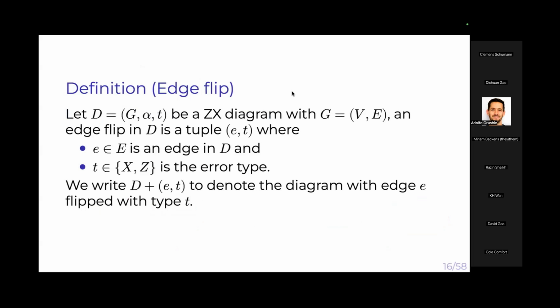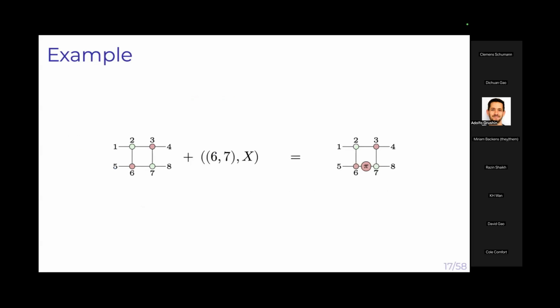So an edge flip in a ZX diagram is just an edge where the error happens and the type. And we write D plus the error to denote the diagram with the edge flipped with type D. So for example, we have this diagram and if we add this error to this diagram, we get this diagram with the error.